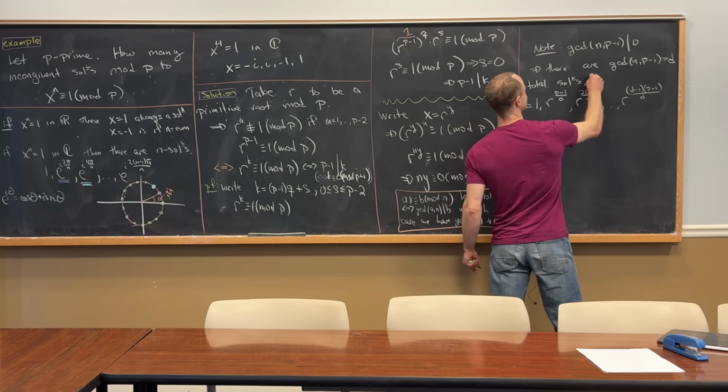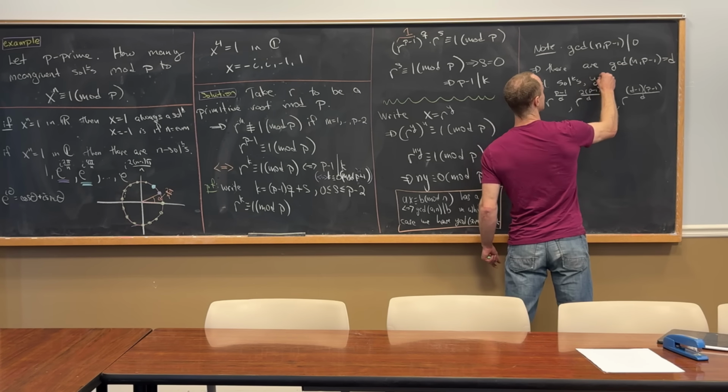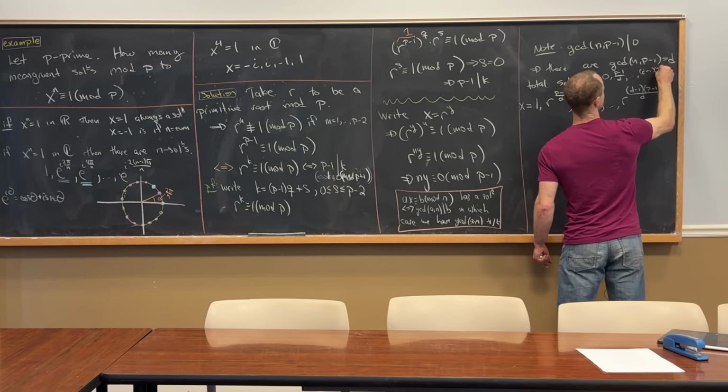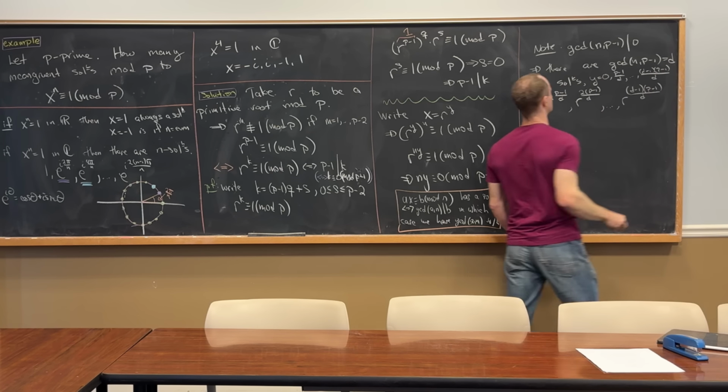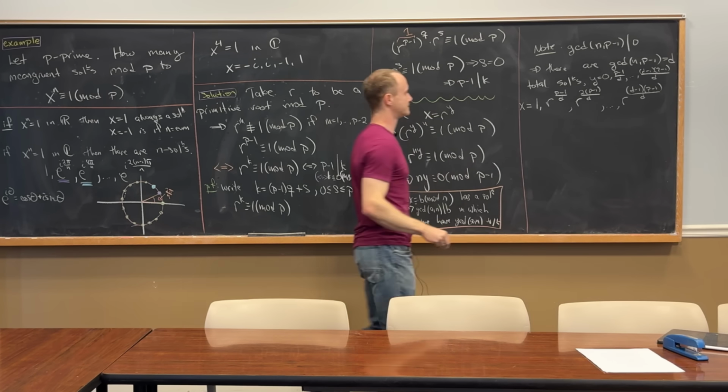Notice the solutions for y are going to be 0, p minus 1 over D, all the way up to D minus 1 times p minus 1 over D. Those are the solutions for y, because that's what we set y.